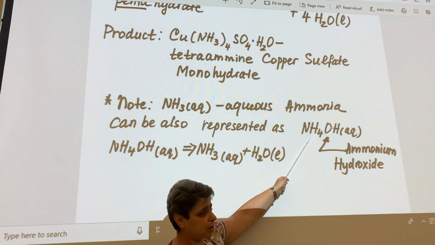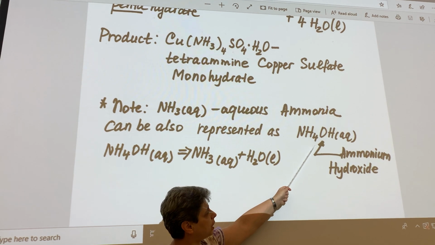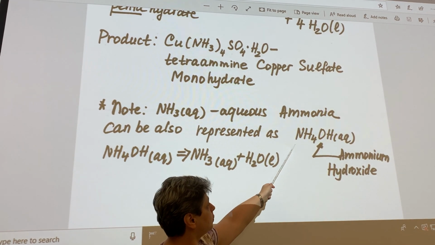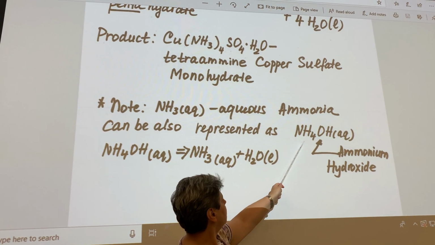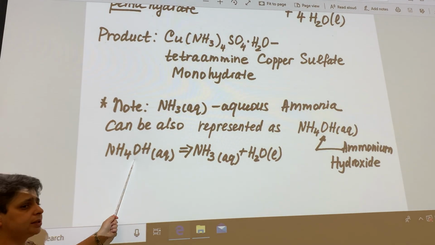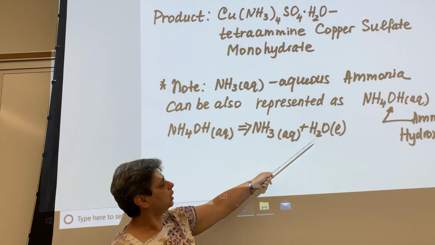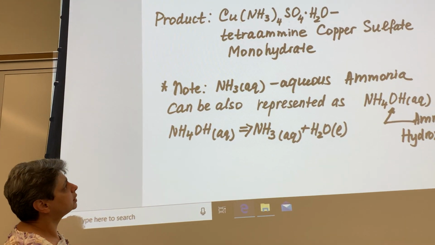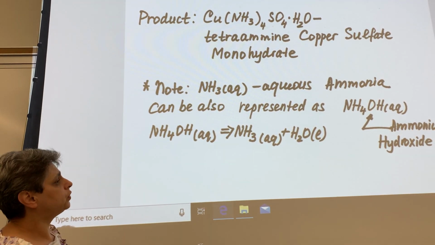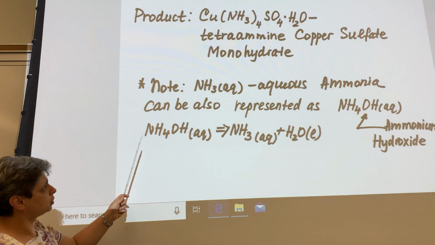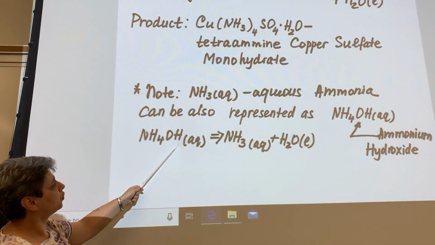We talked about ammonium hydroxide when we discussed the identification of a compound experiment. Back then I told you that when ammonia and water react they produce ammonium hydroxide, but ammonium hydroxide is very unstable and quickly breaks down into ammonia and water. So bottom line is, even though technically ammonia is a gas, we often refer to its aqueous solution, which in fact is ammonium hydroxide, NH4OH.